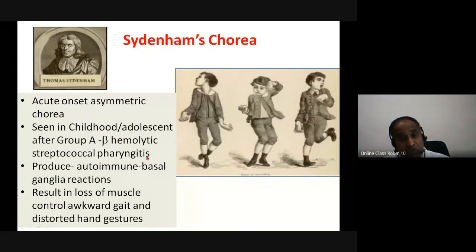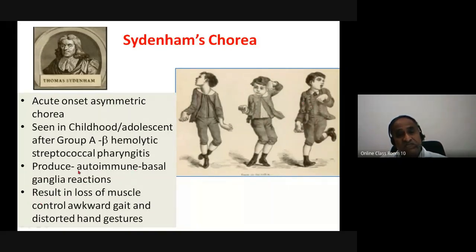It also produces membrane changes in the renal glomerulus. That means this group A beta hemolytic streptococcus produces an autoimmune reaction. Because of the autoimmune reaction, basal ganglia reactions take place, and he will have all the choreatic movements.